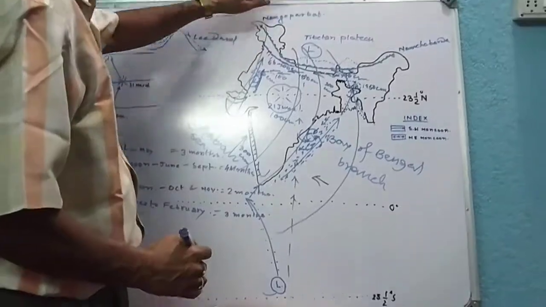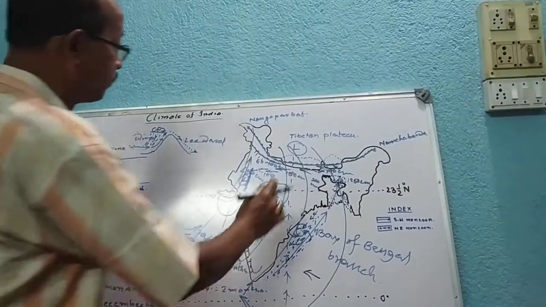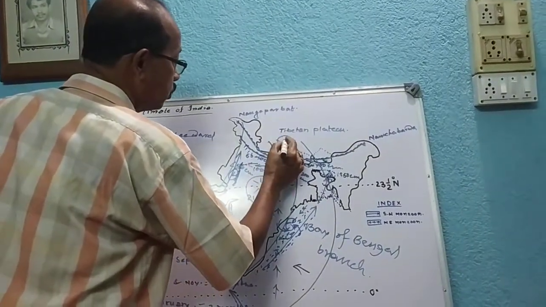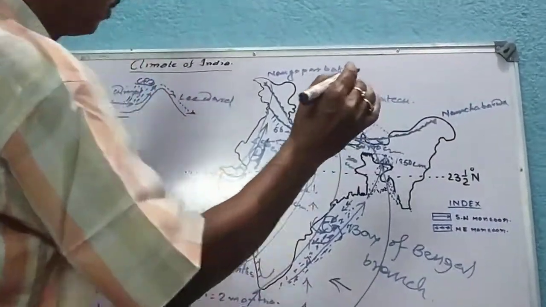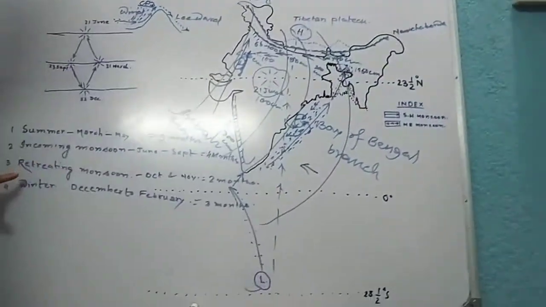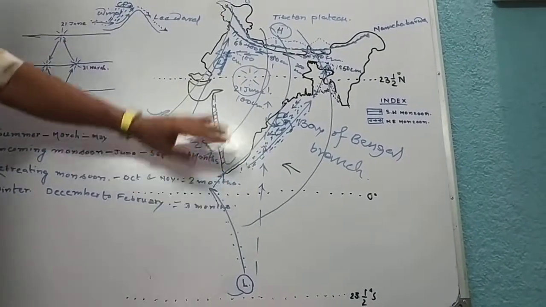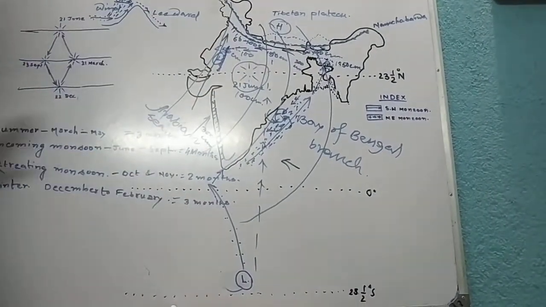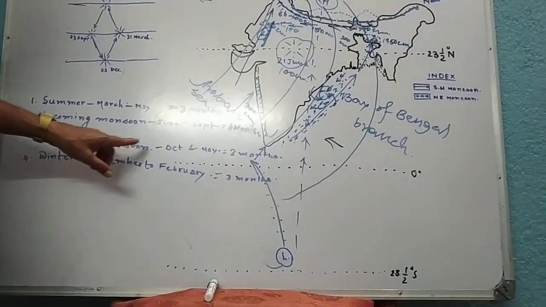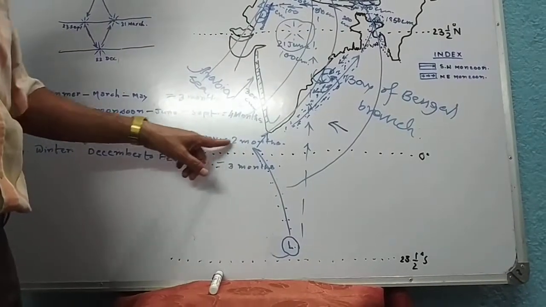As the sun is apparently moving towards south, this low pressure turns into high pressure over the Tibetan Plateau once again. Gradually the wind blows towards south from the north direction. This period is known as retreating monsoon, that exists for the 2 months, October and November.